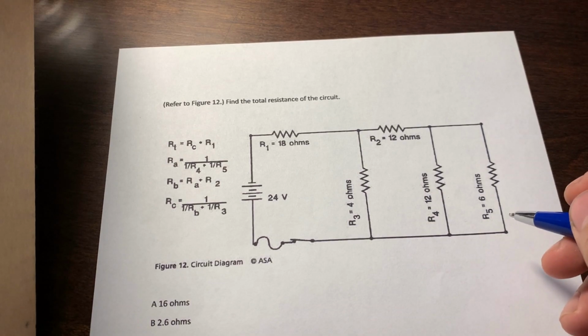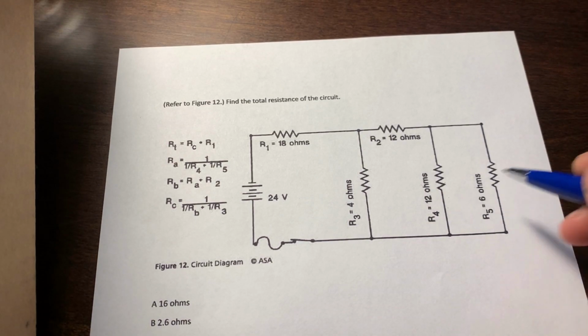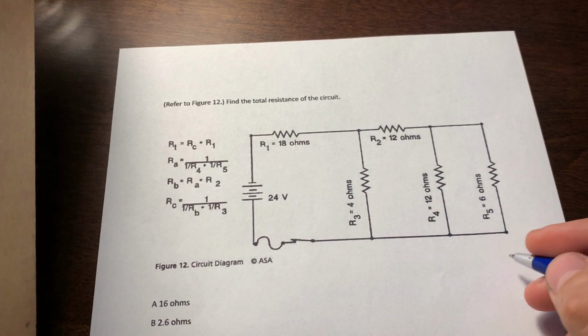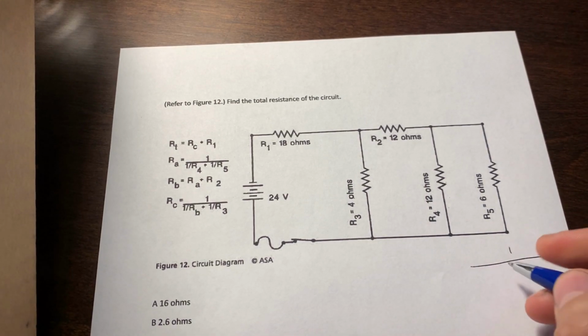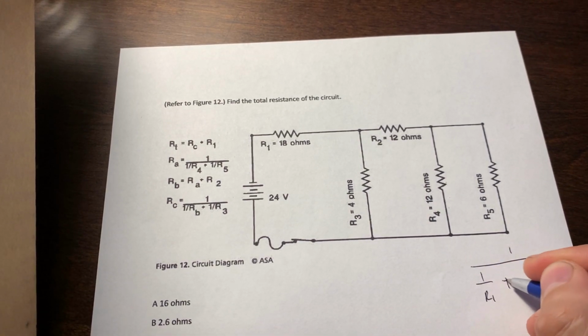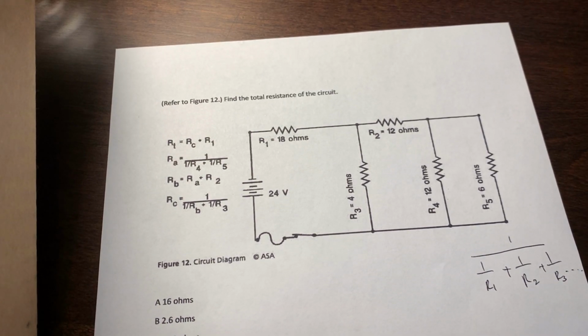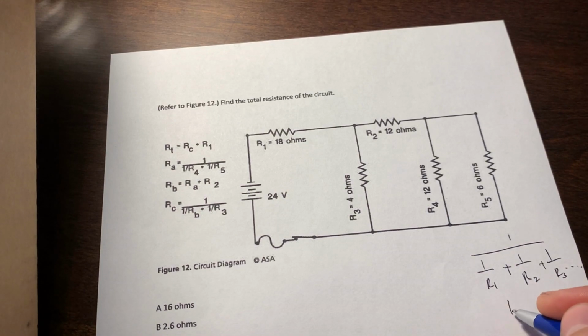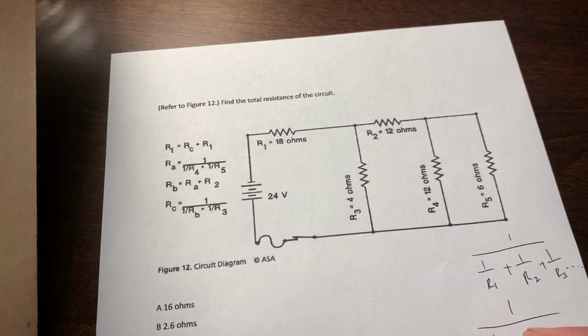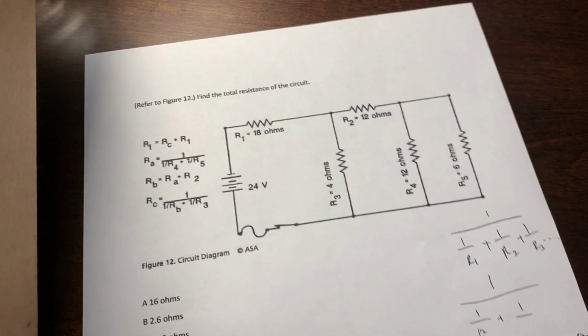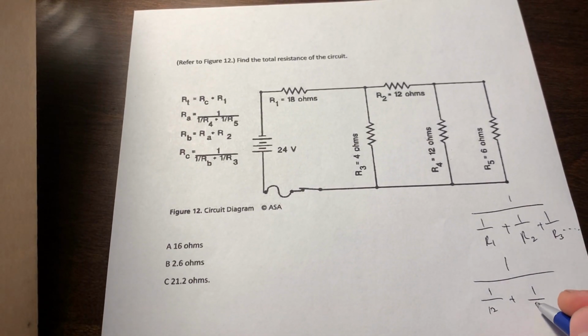To combine two parallel resistances, you could use the formula 1 over R1 plus 1 over R2 plus 1 over R3, etc. So we have 12 and 6, so our formula would be 1 over 12 plus 1 over 6.